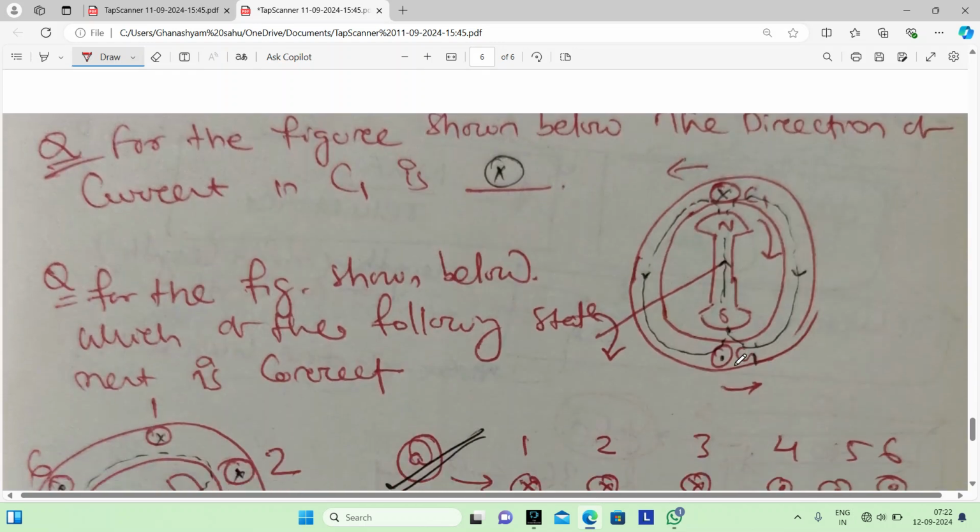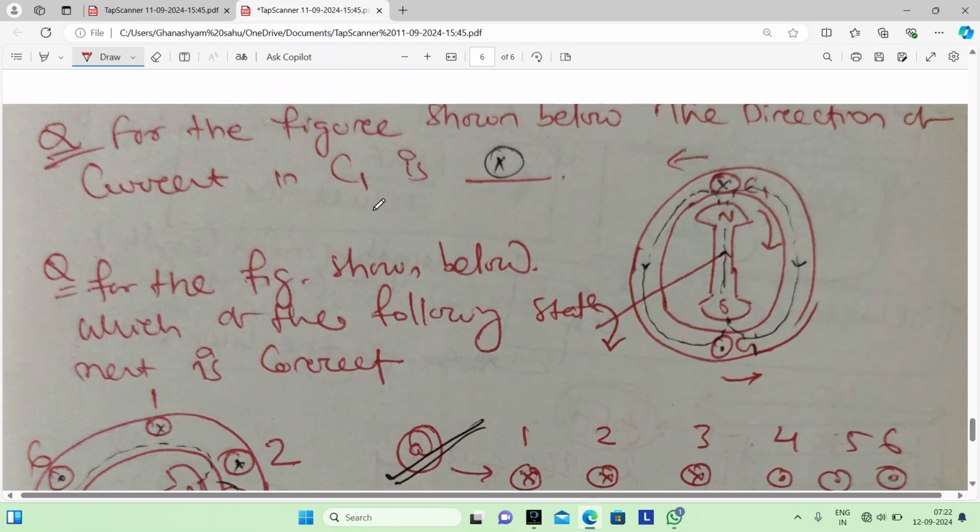So let's see another question. For the figure shown below, what is the direction of the current in C1? This is C1, this is C2. That is the north pole, and the movement of the north and south poles is given as clockwise. The conductor movement is not given, so we take the opposite direction, that is anti-clockwise.